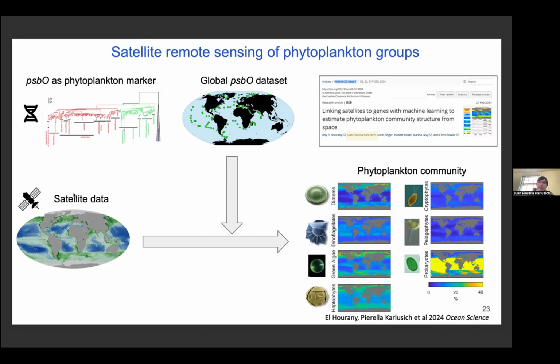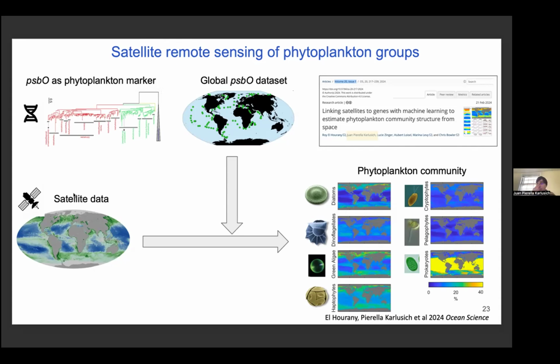And with PSBO, we are able to incorporate information regarding the taxonomy of the organisms in a very accurate way.